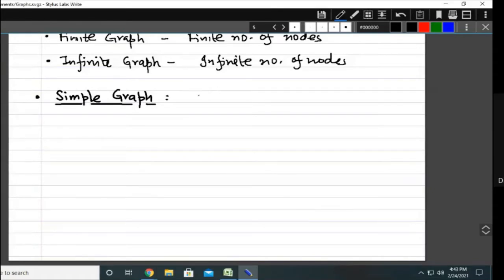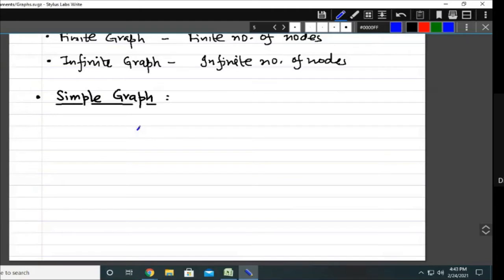A graph is called a simple graph when an edge connects only two or fewer endpoints. Or, a graph in which each edge connects two different vertices, and where no two edges connect the same vertices. What do you mean by this? I'll just draw a graph.